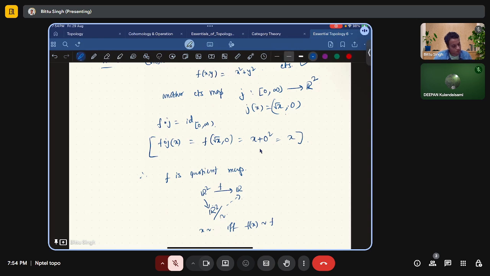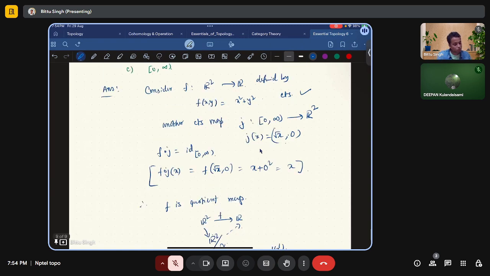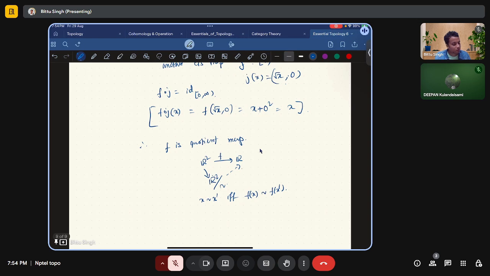Maybe x and x dash, right? Fx is related to fx dash. Or probably, since we are denoting with vector notation, v and v dash are related if fv is related to fv dash.